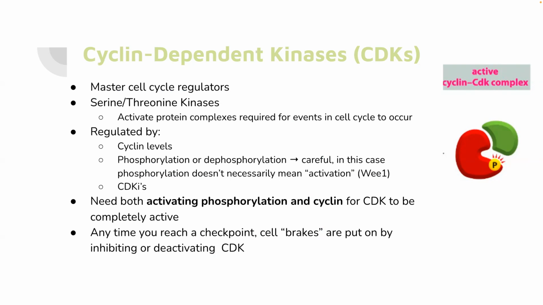It's also important to note that just because something is being phosphorylated, it doesn't necessarily mean it's being activated. It could also cause it to deactivate. And then you need both activating phosphorylation and cyclin for CDK to be completely active.